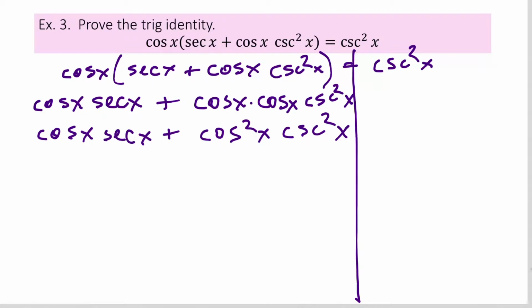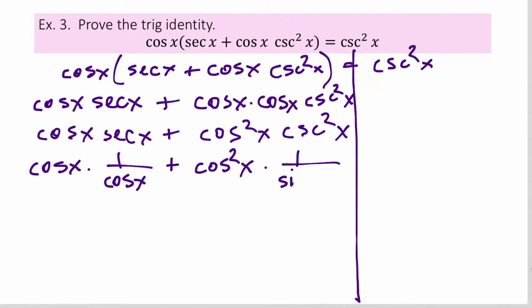So I've got the cosine of x times 1 over the cosine of x, substituting 1 over the cosine of x for the secant of x. And then I have the cosine squared of x. And then I've got 1 over the sine squared of x, which is the same thing as the cosecant squared of x.